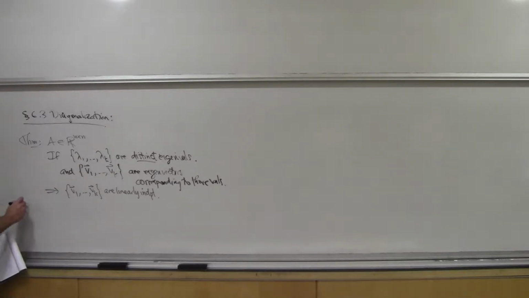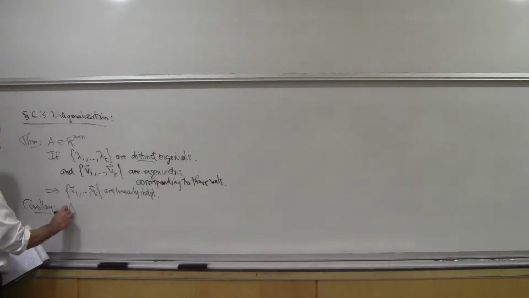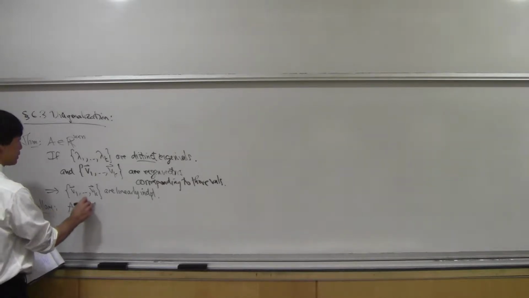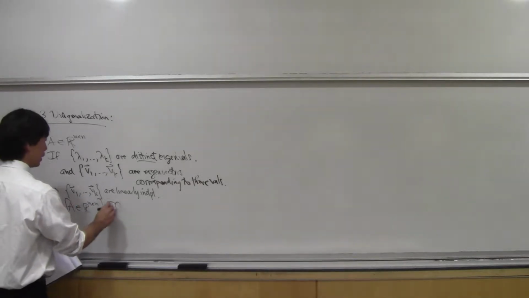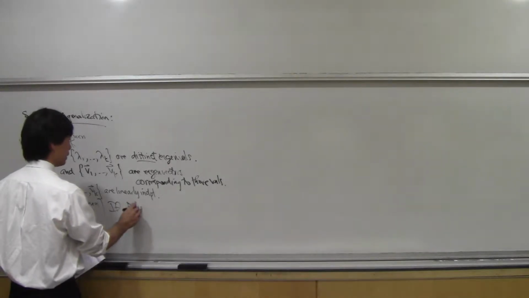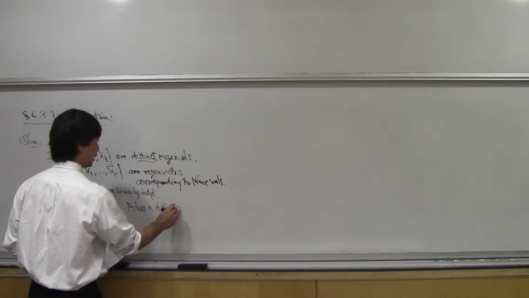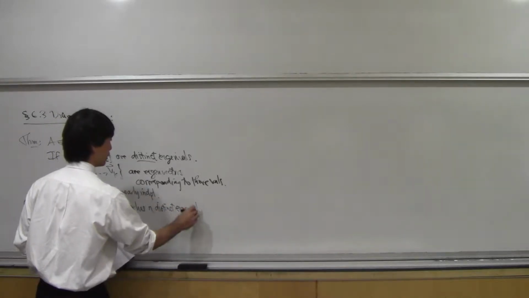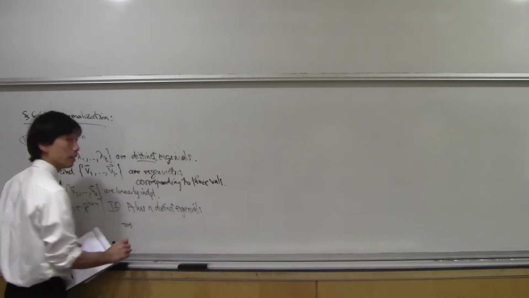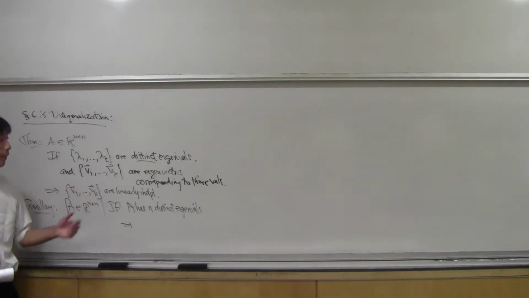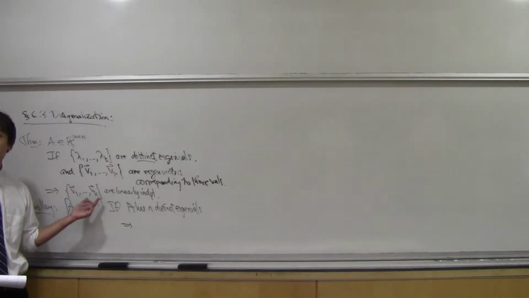And we had a corollary of that, which was that if A has n distinct eigenvalues, then we would have n linearly independent eigenvectors, right?